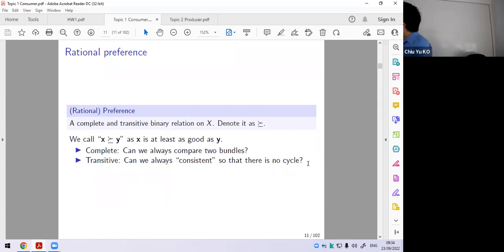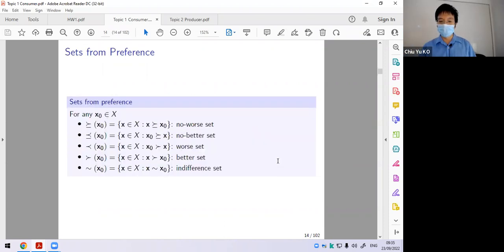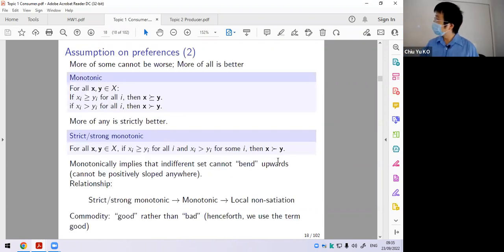So there are two assumptions we need to derive utility. One is monotonicity, the other is continuity. When you have a monotone continuous preference, then we arrive at a utility function. Monotone means the more the better.